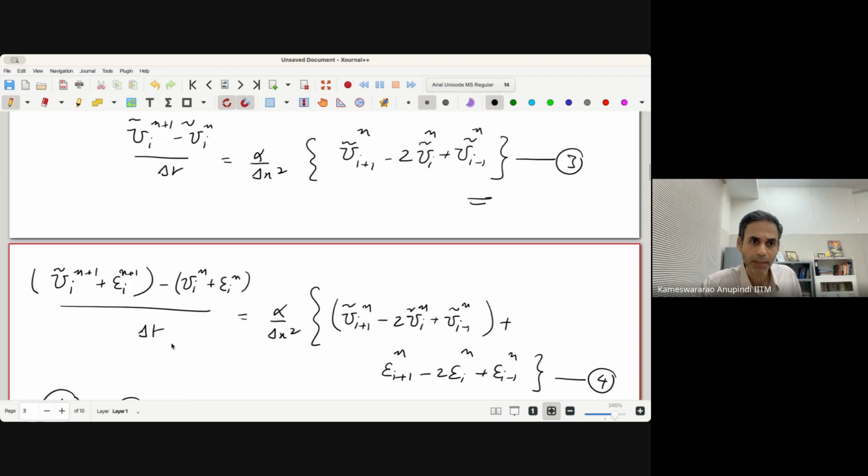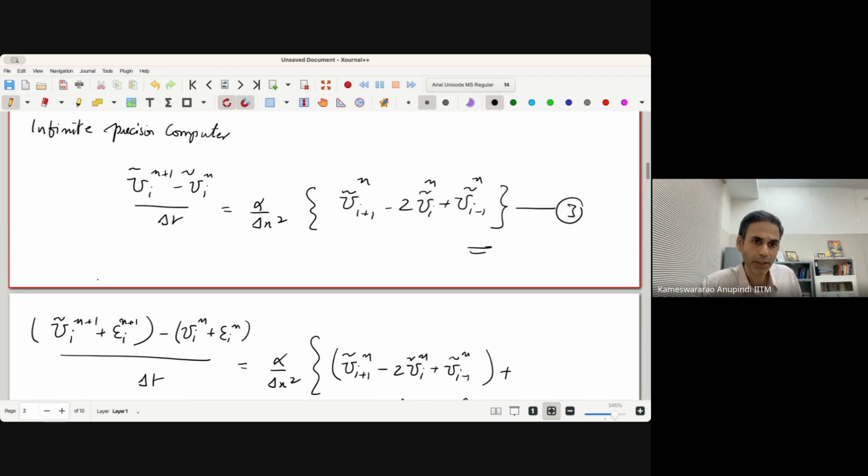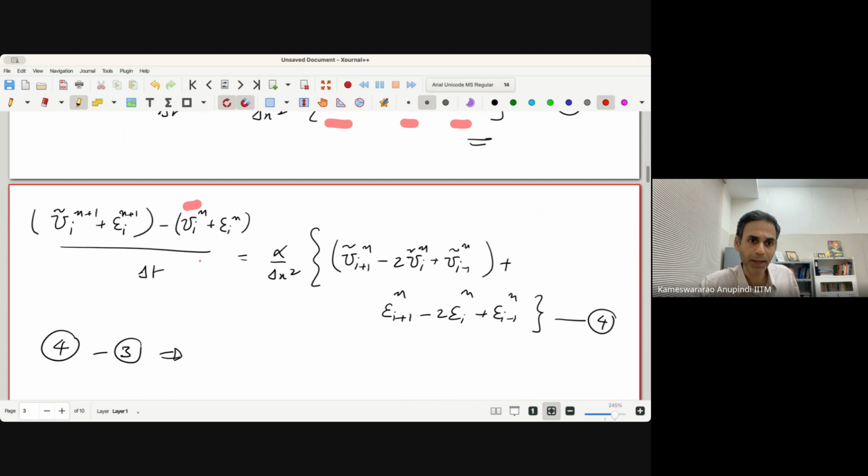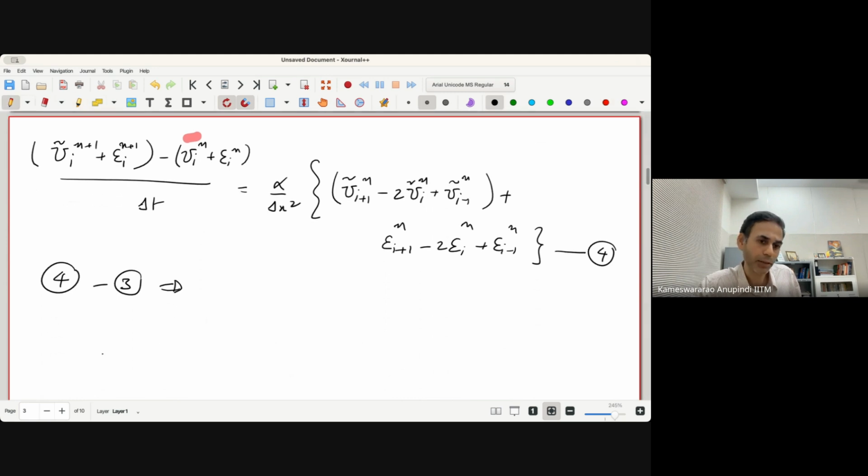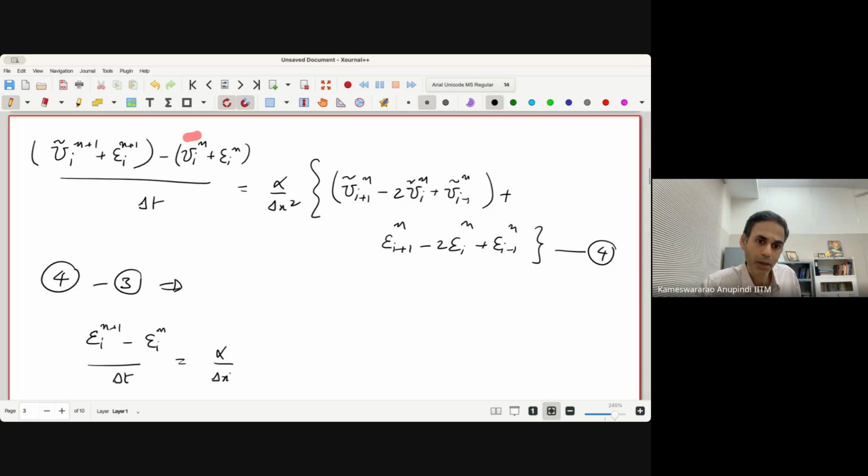On the left hand side, you have u tilde I n plus 1 and minus u tilde I n, so all the u tilde terms in equation 3 get cancelled, and only the epsilon terms in equation 4 remain. That gives epsilon I n plus 1 minus epsilon I n divided by delta t equals alpha by delta x square, times epsilon I plus 1 minus 2 epsilon I plus epsilon I minus 1 at time level n on the right hand side.